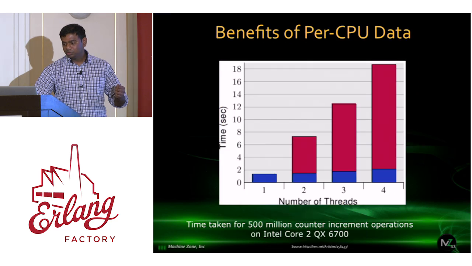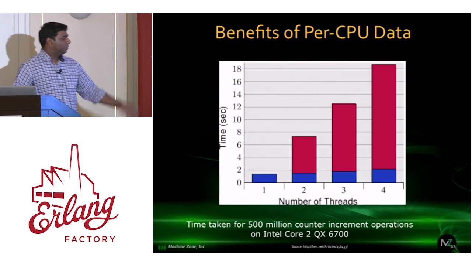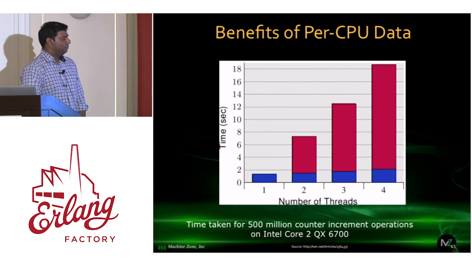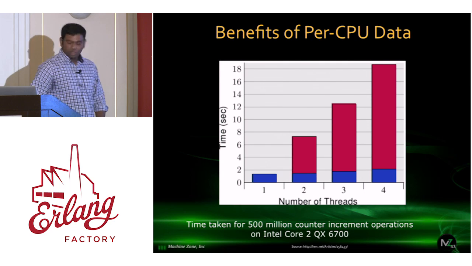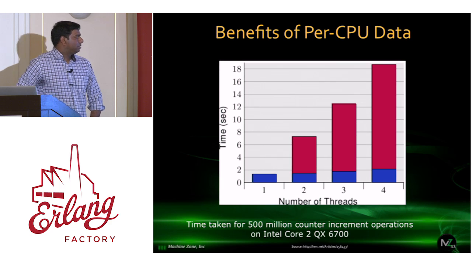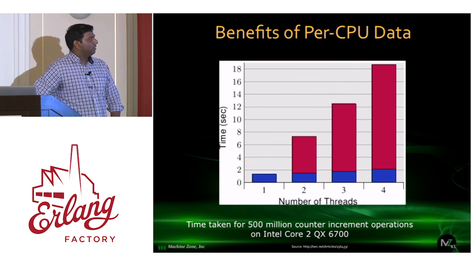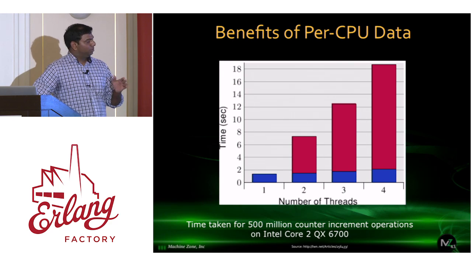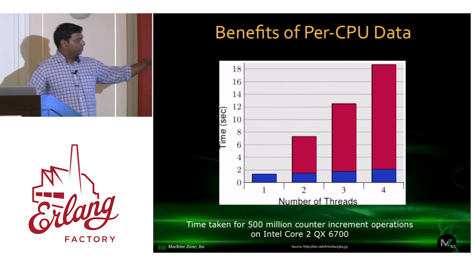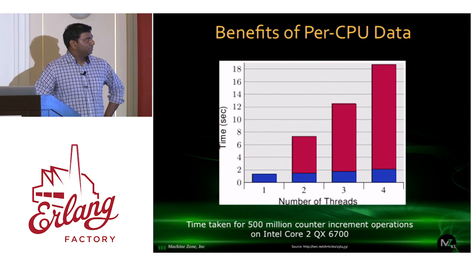So to summarize, this is from an old article on LWN. They tried to do 500 million counter updates on a quad-core system. If all the CPUs try to share the same cache line on the same counter, the whole bar shows the time taken for 500 million updates.